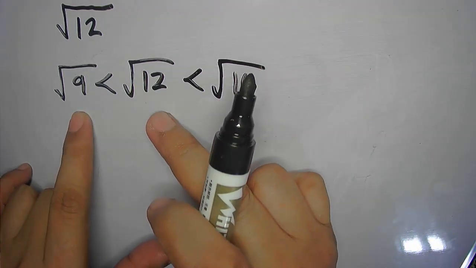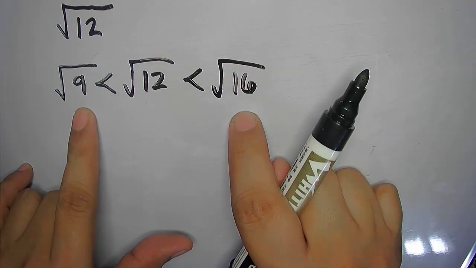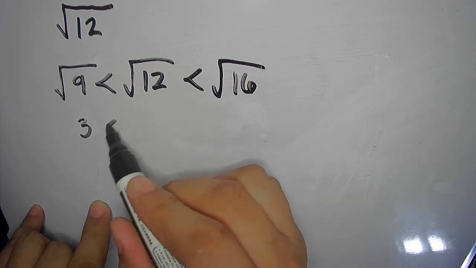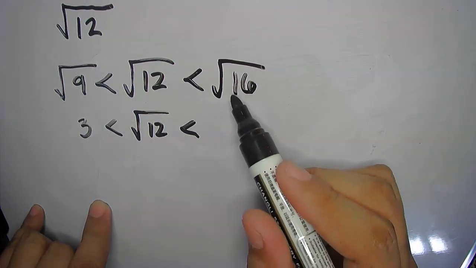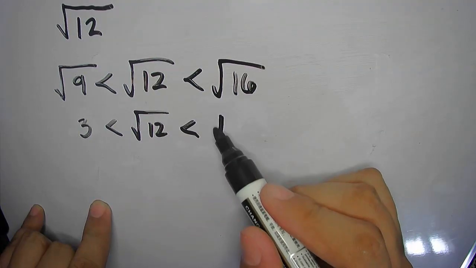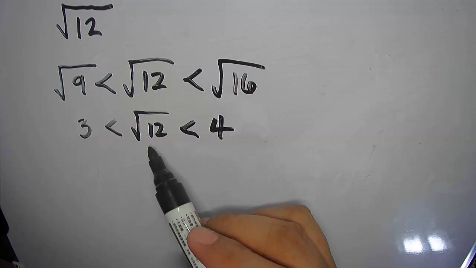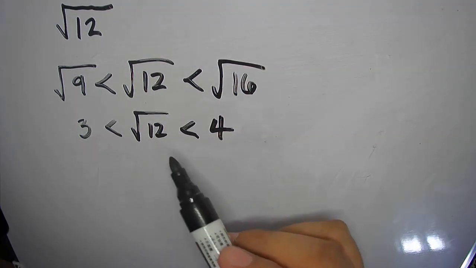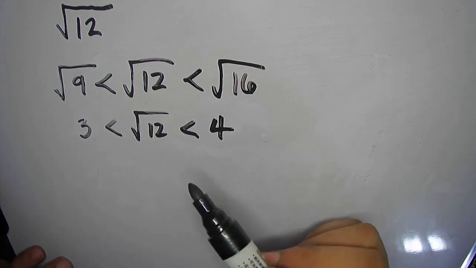So, square root of 12 lies between square root of 9 and square root of 16. Since square root of 9 is 3, less than square root of 12, less than square root of 16, which is 4. So if square root of 12 is greater than 3 but less than 4, what is our conclusion?